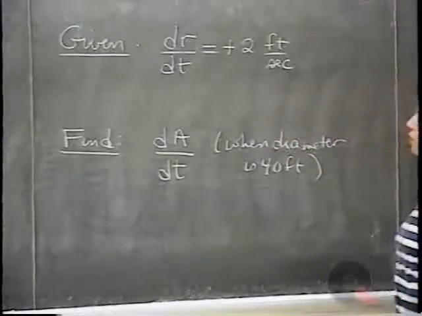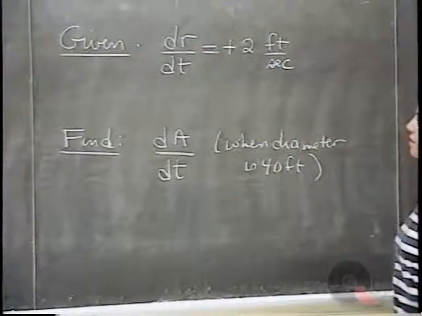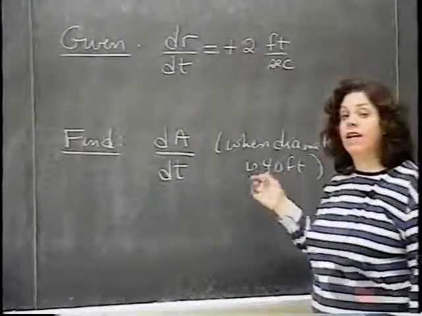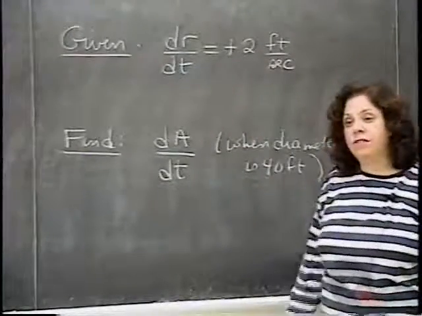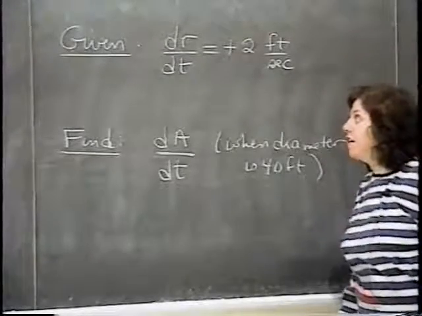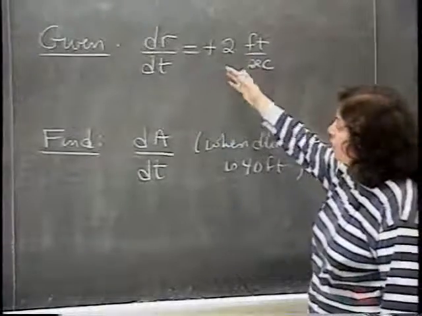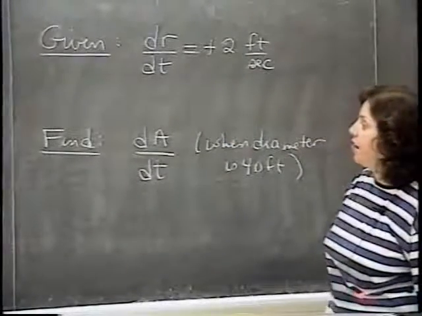Okay, we have dr/dt and we want to find dA/dt. If we had an equation linking A and r, we could differentiate both sides with respect to t and get an equation linking dA/dt and dr/dt. And since we know dr/dt, we'd be able to solve for dA/dt.